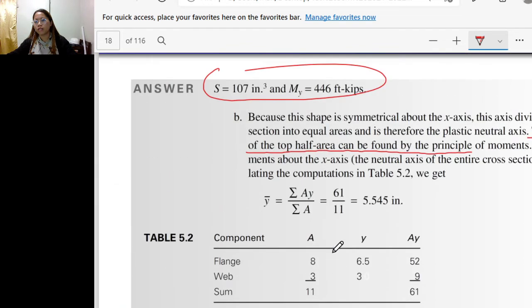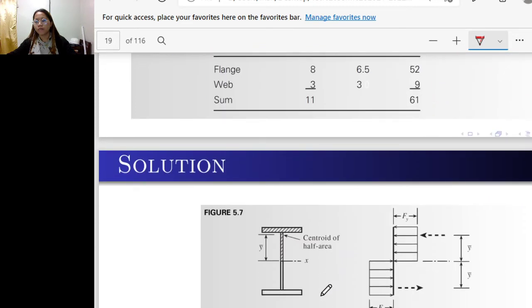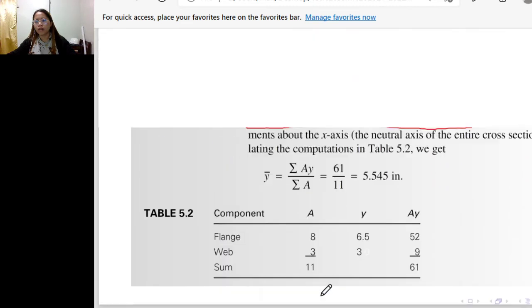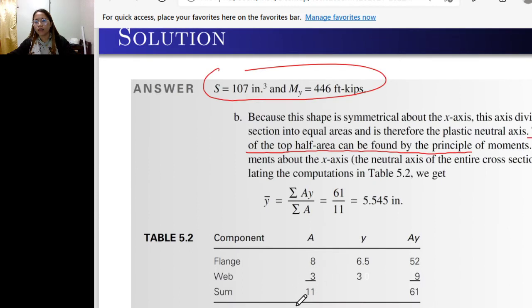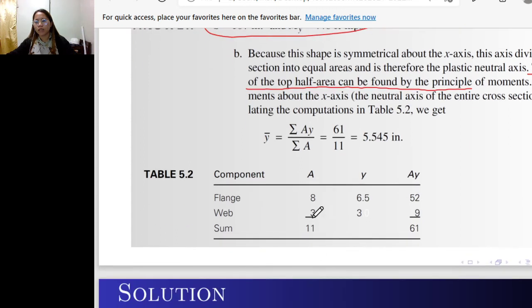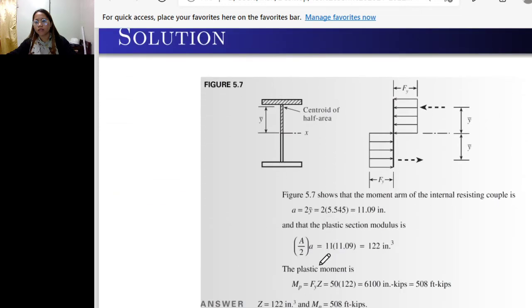The total area is 11 inch square. This is actually half because it is a section. So times 2 of that is 22. But this one is A over 2, so still 11.